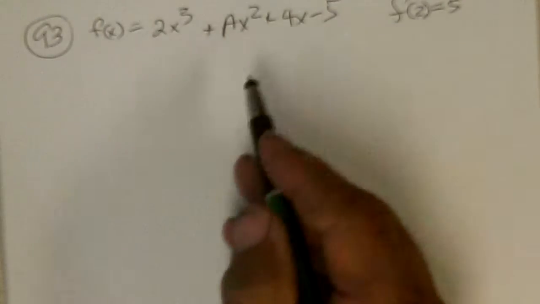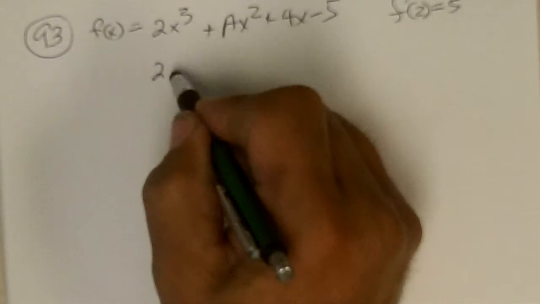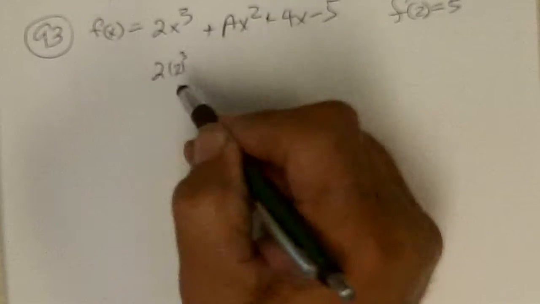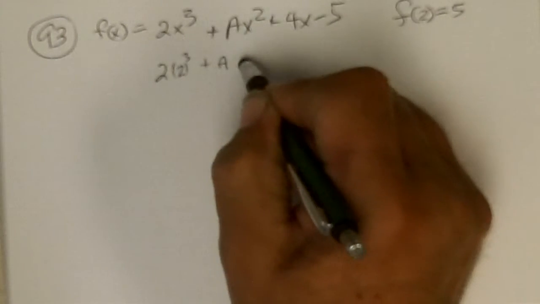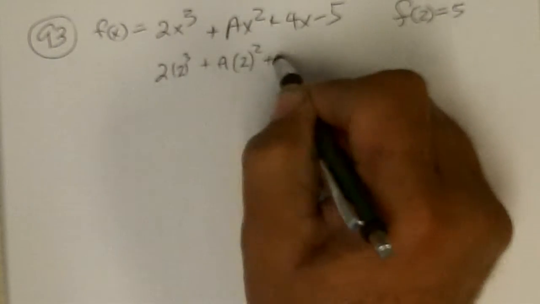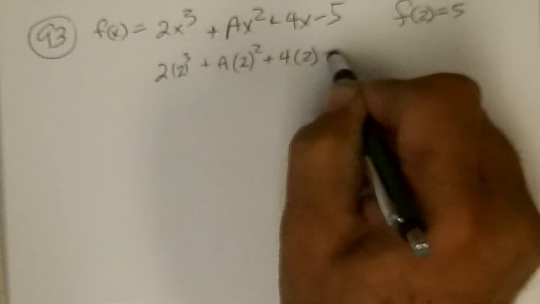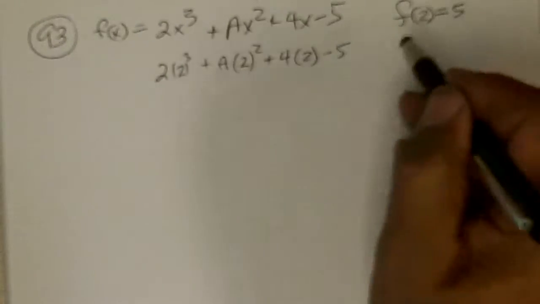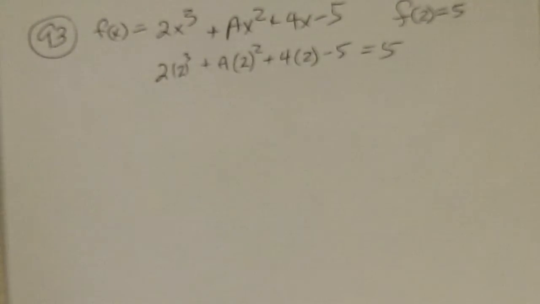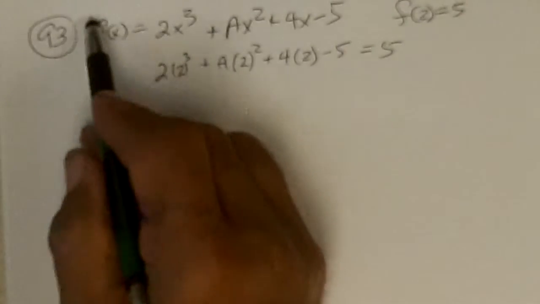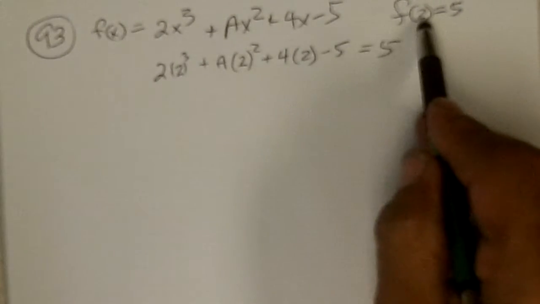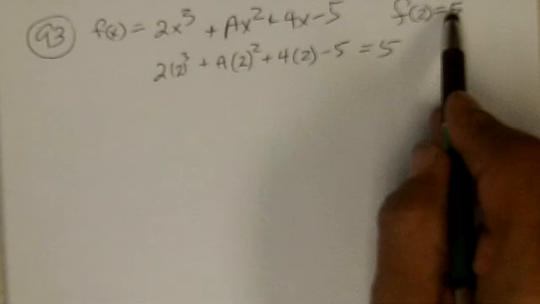So if I put 2 in here, I get 2 times 2 to the third plus a times 2 squared plus 4 times 2 minus 5, and that's supposed to come out to be 5. Because if I put 2 into the function, I'm supposed to get 5 out.